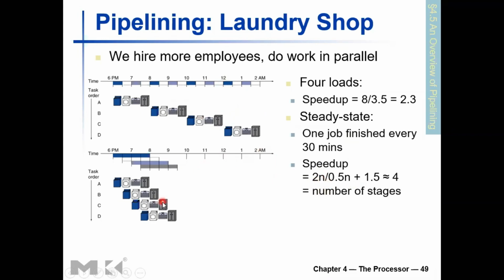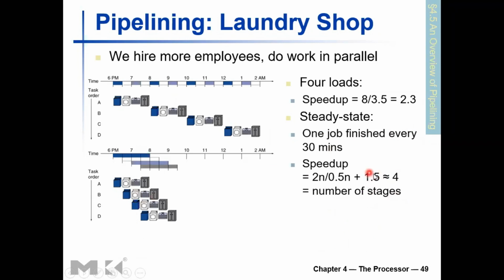Then in the pipeline version, we are finishing a load every half an hour. So 0.5 times n. That is the time we are spending per load. So the speed up we are getting is, it ends up as 4. Roughly 4 if we include the first 1.5 hours as well.